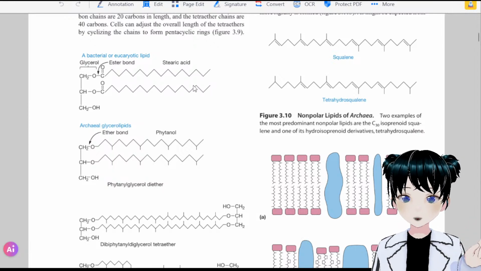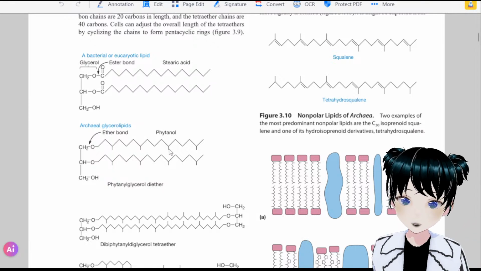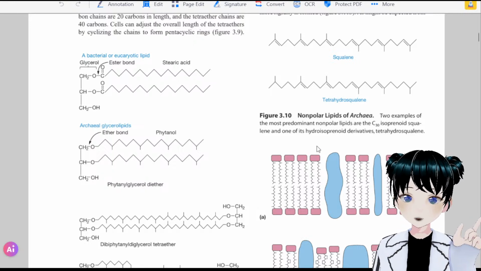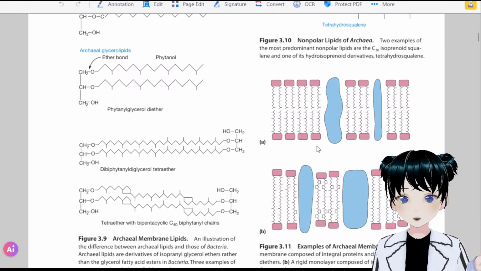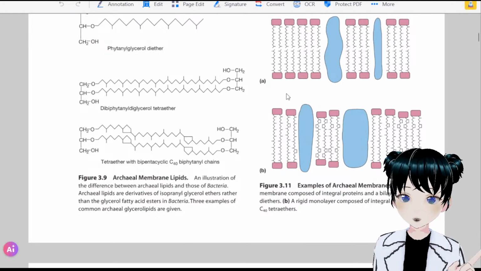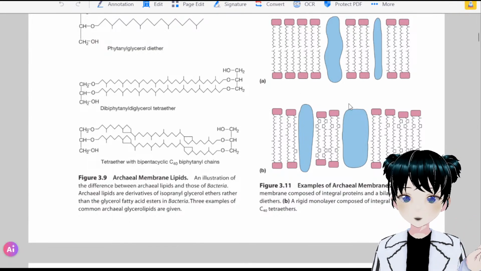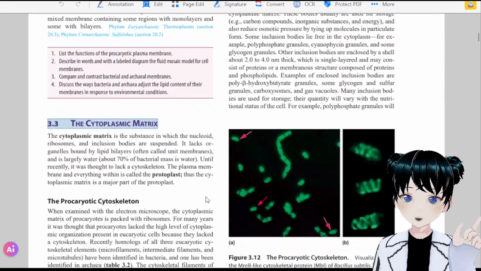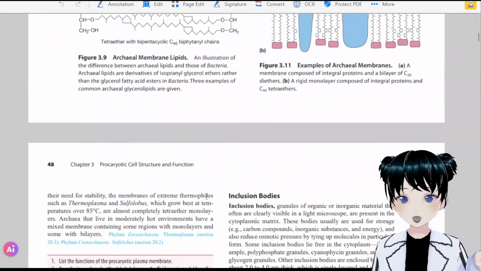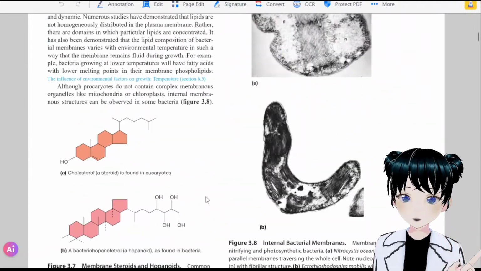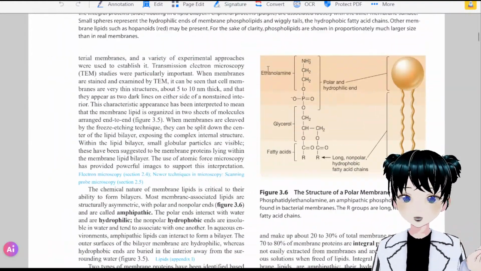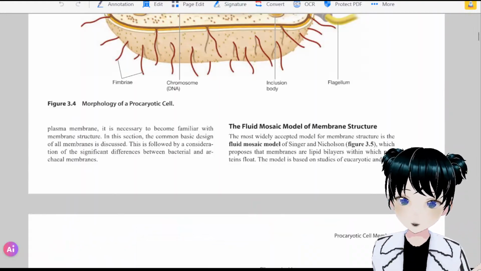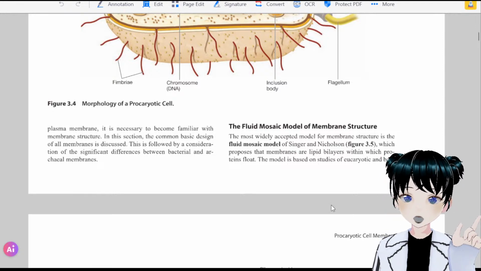Actually the fatty acid is different. This is also where the fatty acids are different. Yeah, the chain is different in these. So anyway, this will be discussed in the next one, because I didn't want to confuse the people that just wanted to study the cell membrane structure.